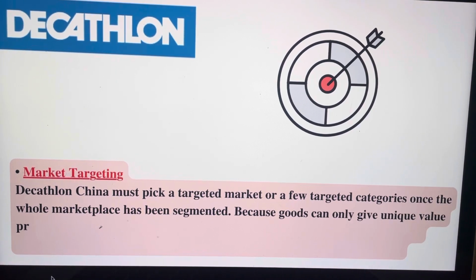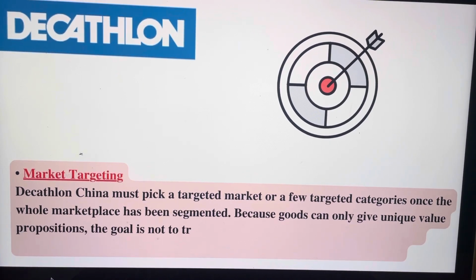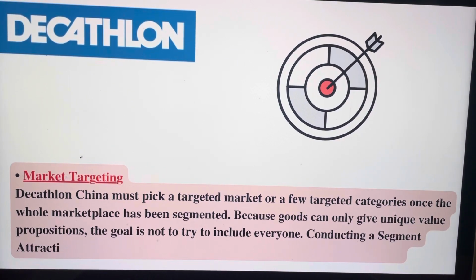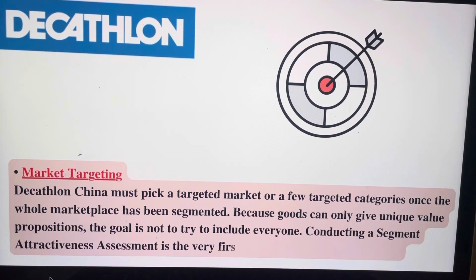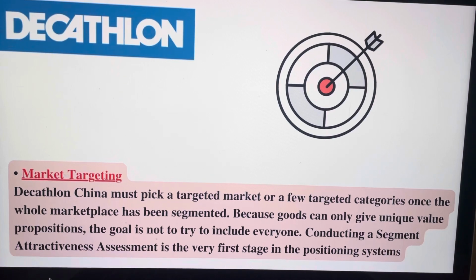Conducting a segment attractiveness assessment is the very first stage in the positioning system. All segments are assessed based on the following factors in industry analysis: competitiveness mode and business strategies. The manner in which competitors participate may sometimes change the entire geography of an organization.